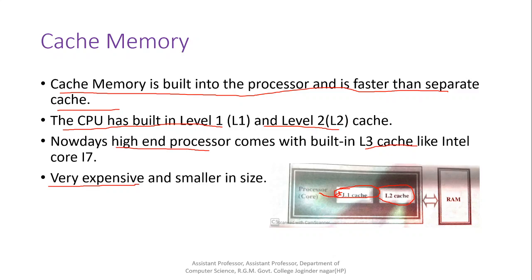If the data is available, the processor takes that data for processing. If it is not available, that is a cache miss, and the processor looks in the RAM for the data. If the data is available, the CPU processes it, and the same data is transferred to the cache memory for future use.